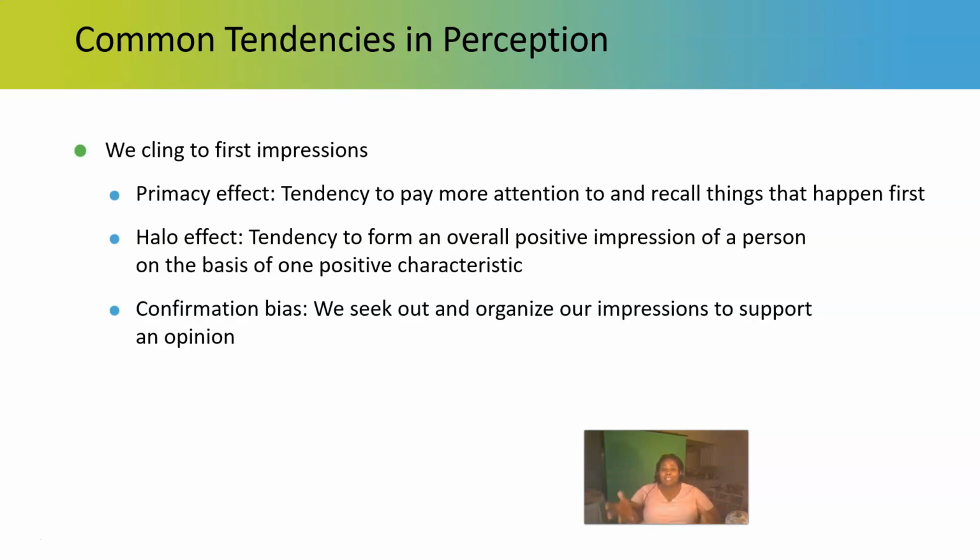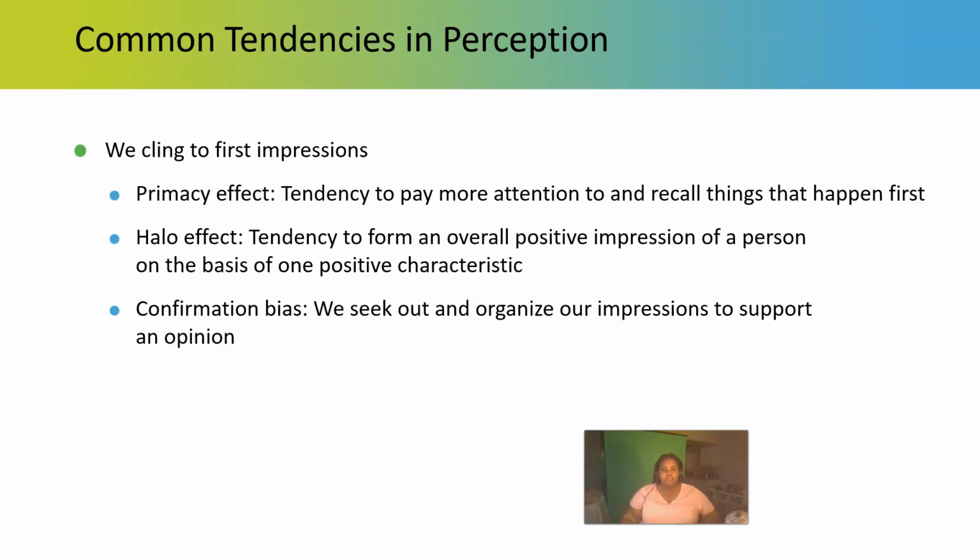So think about some of the opinions that you hold of people. Just because they're famous and wealthy, they must automatically be a good person just because of those two good characteristics.